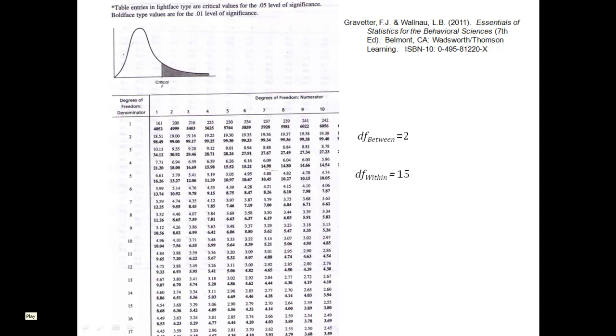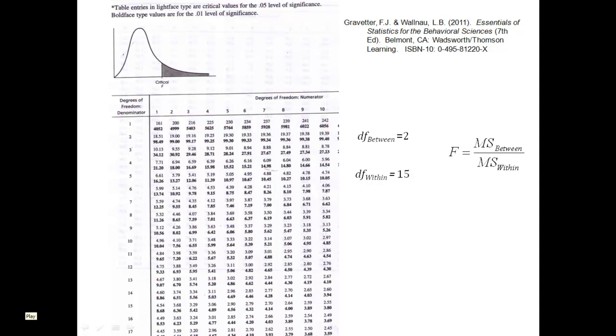We are going to look at the formula because formulas are our friends. So if you look over here at the formula for F, you can see that mean square between is in the numerator and mean square within is in the denominator. So if you want to know the degrees of freedom for the numerator, that means you're going to be looking at the degrees of freedom between. And if you want to look at the degrees of freedom for the denominator, that means that you're going to be looking at degrees of freedom within.